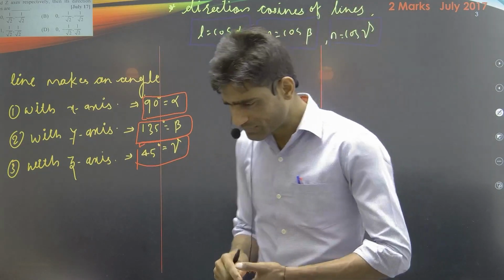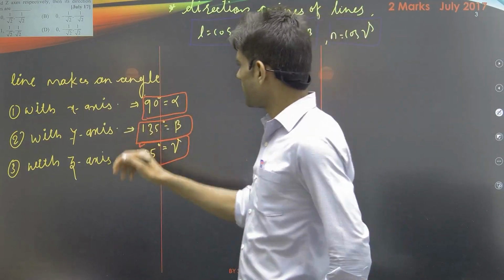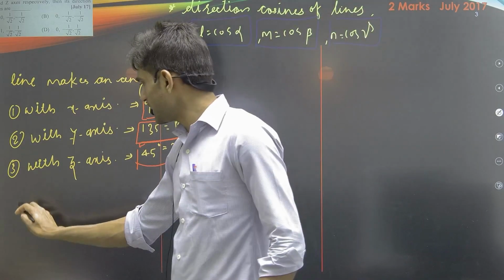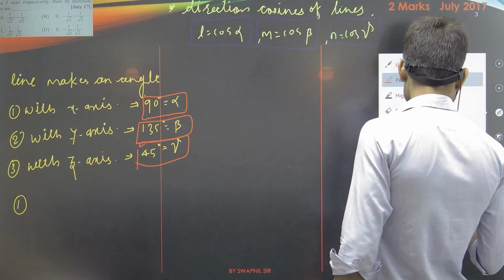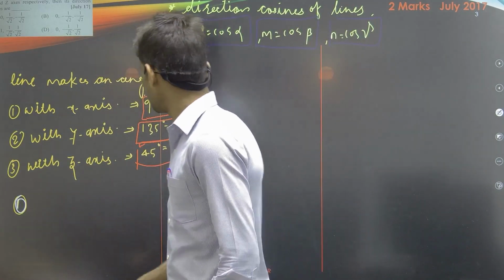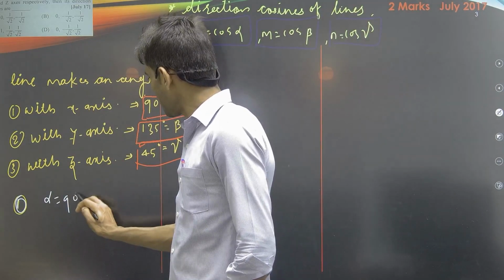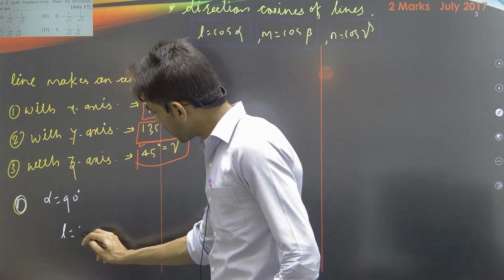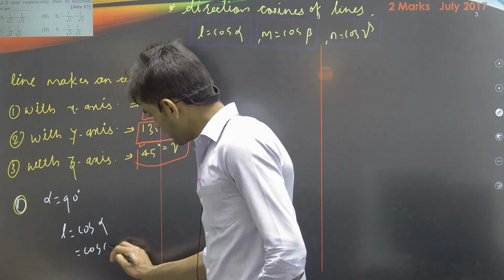Now put the value for l, which is cos alpha, with alpha as 90 degree. So first we get the first direction cosine. Then l is equal to cos of 90 degree.